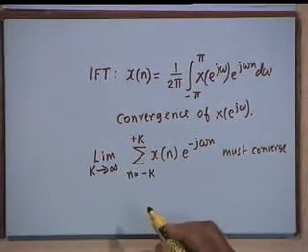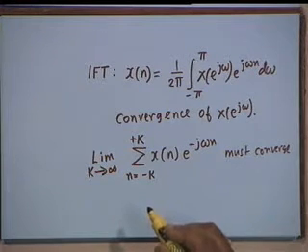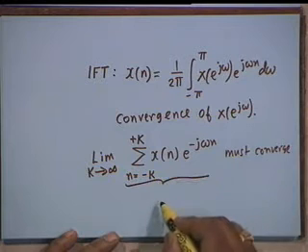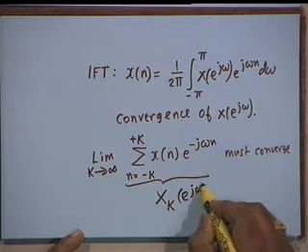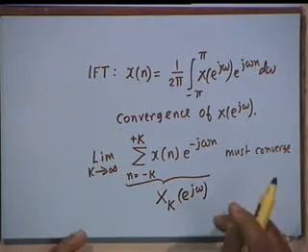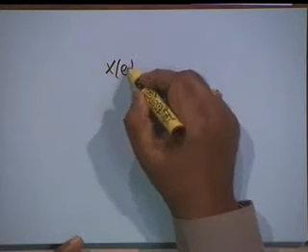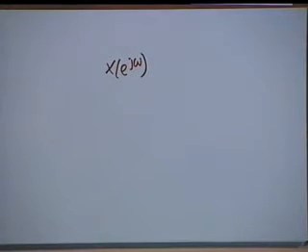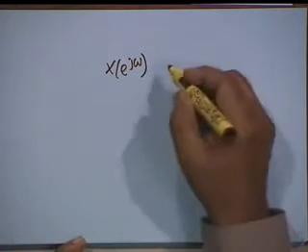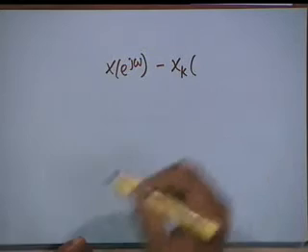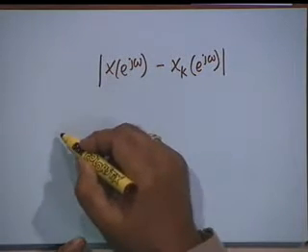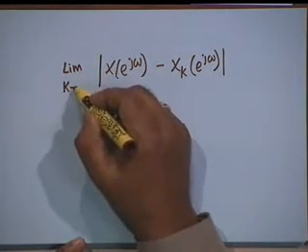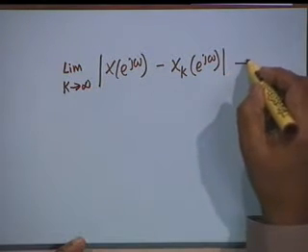One of the criteria is that the error, if we define this quantity as capital X with a subscript k of e to the j omega, then one condition for convergence is that the error between the actual value x of e to the j omega, which occurs when capital K goes to infinity, minus the finite sum x k e to the j omega, if you take the magnitude and you allow k to go to infinity, then this must tend to 0.